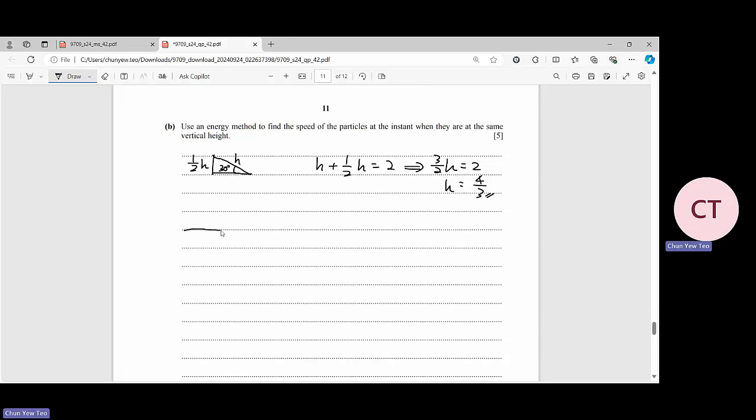So we can actually draw a table here to see the situations clearly. We have the kinetic energy, the potential energy, and also the work done by others.